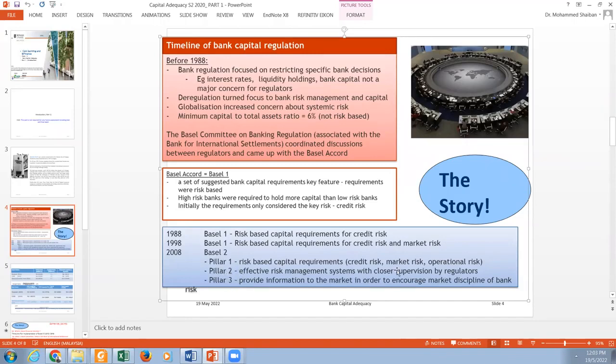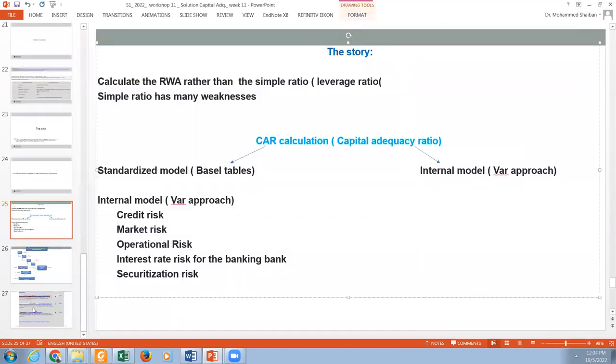This is information, and pillar 3, the banks have to provide it. It's all qualitative, and the regulators want to see whether there is good governance inside the bank. But when it comes to calculation, we are talking about pillar 1, and pillar 1 is only one formula, which is this formula.